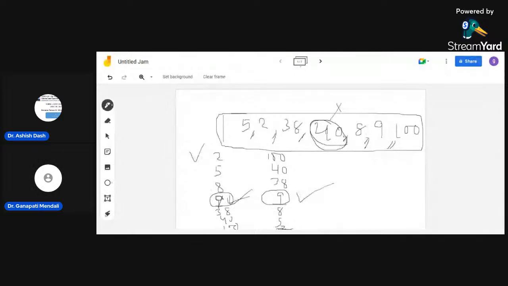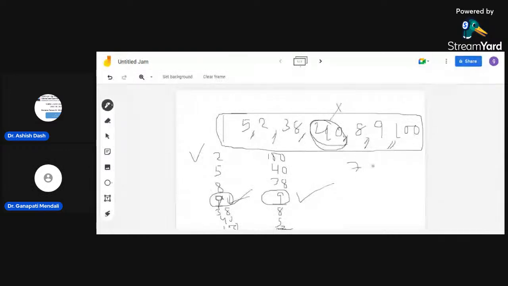Now if we have data of an odd number of observations, say 7, what is the value of the median?